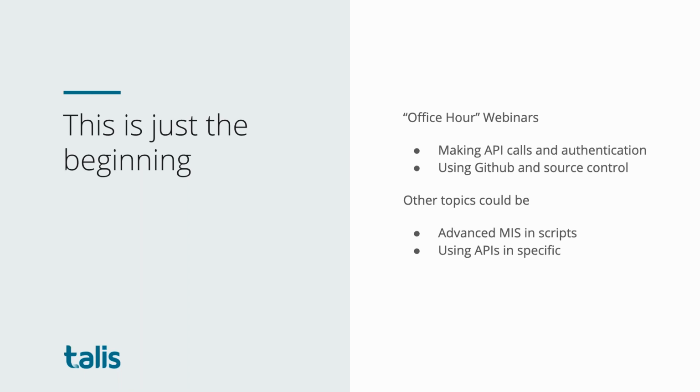I'm thinking that probably the next two would be around making API calls and getting people authenticated to do stuff with the API. And then also looking at things around GitHub and source control and how that might work for people. Hopefully that will be a useful thing. Other topics we can look at are things where we start bringing advanced MIS in, or perhaps using APIs in specific scenarios, specific questions that you might have.